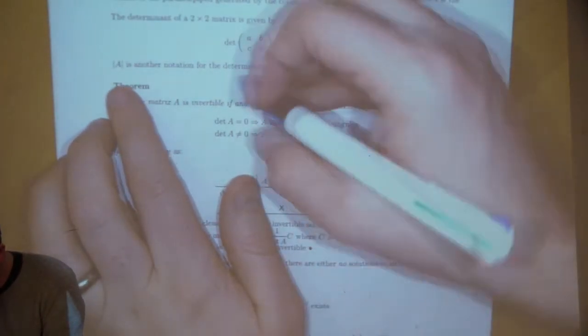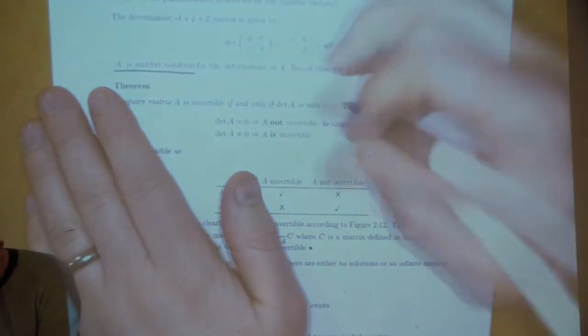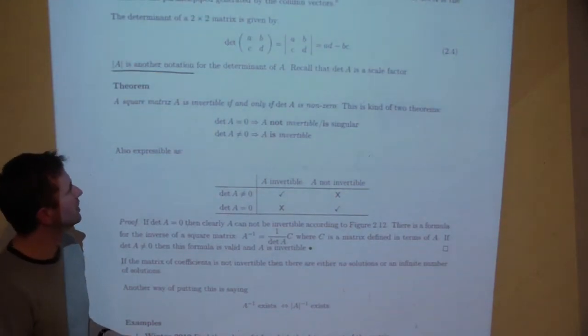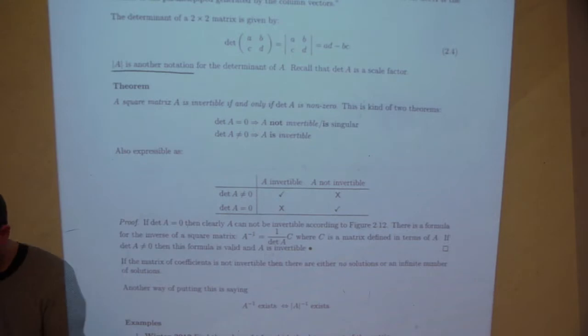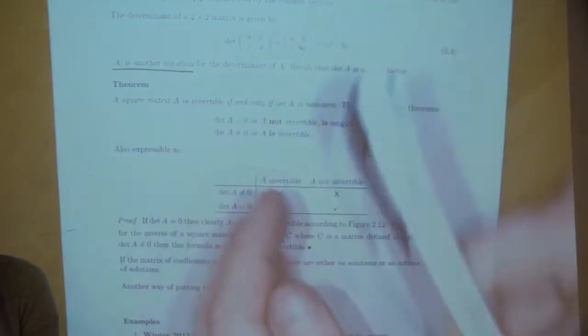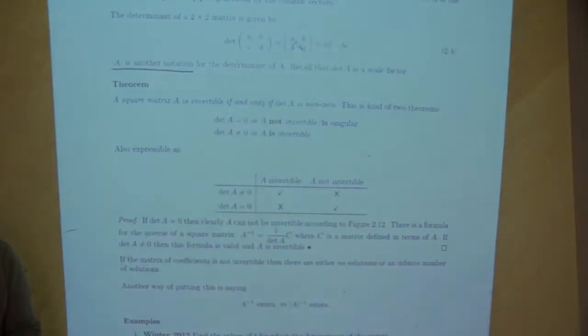It's written there: A with the bars is another notation for the determinant. And we remember it's a scale factor. And how do you do it? For a 2 by 2, it's right down diagonals minus left down diagonals. So just remember it's a scale factor.